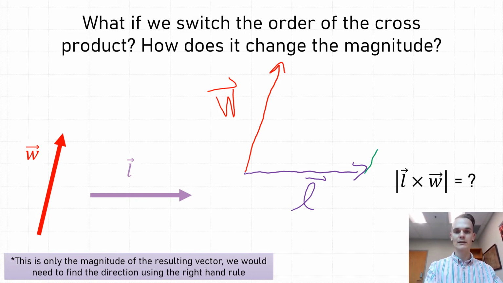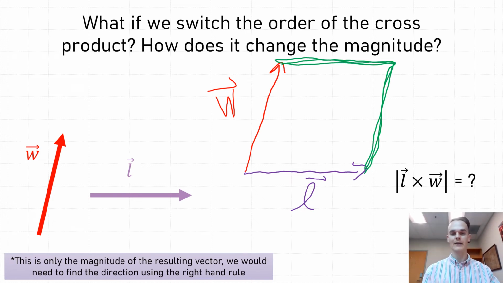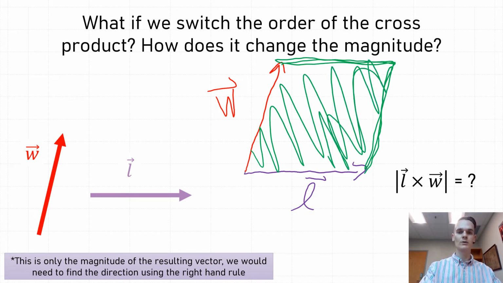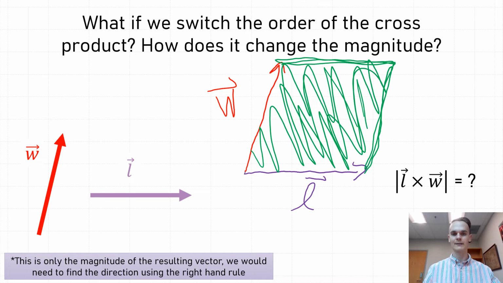And then we use these vectors to represent a parallelogram. So these vectors represent two of the sides of the parallelogram, and we fill in the other two sides here. And then the area of this parallelogram is going to be equal to the magnitude of the cross product. And you know, whenever you do something graphically, it's not perfect, but we see that this parallelogram, whenever we have vector L crossed with vector W, is identical to the parallelogram that we had previously.